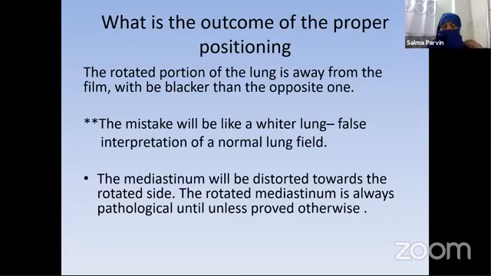So you must know very well the positioning factors of a chest X-ray PA film. You cannot negotiate on any mediastinal abnormality, and that must be critically understood by the clinician and the radiologist. Okay, what about next?